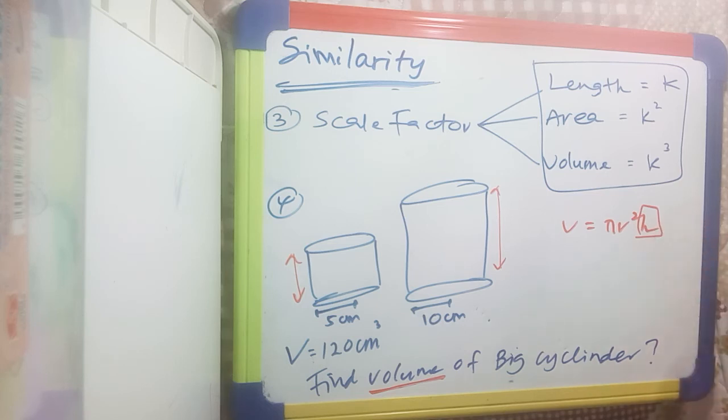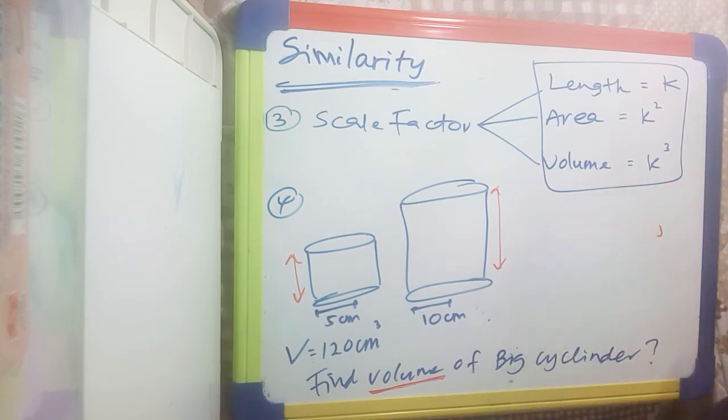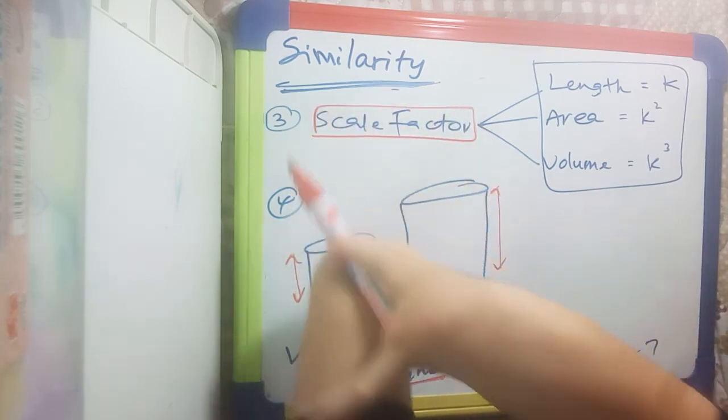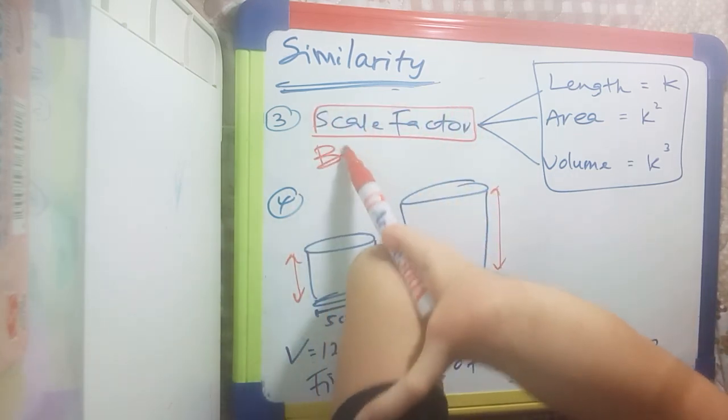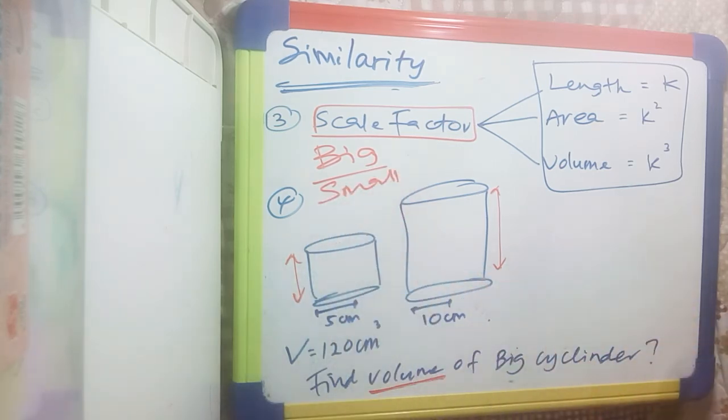What you can do is, we will apply something related to the scale factor. Okay, how to do it? Always remember, the scale factor, big divided by small. Always remember that.